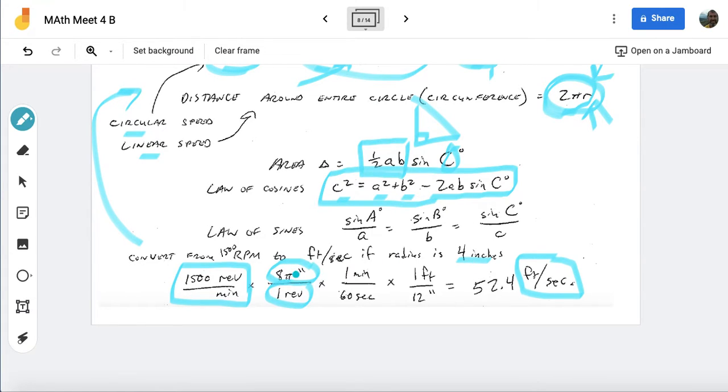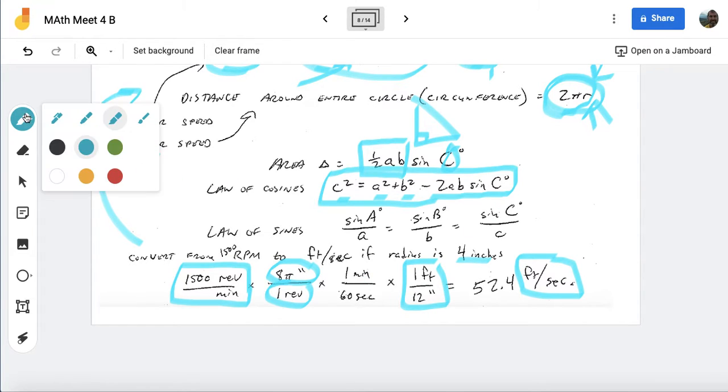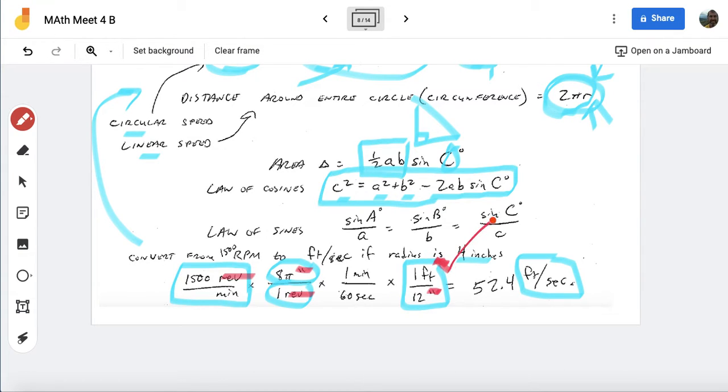So now I'm in inches, but I need to change to feet. So 1 foot, 12 inches. You want to have stuff that cancels out. What do I mean by that? Here's 1500 revolutions, so I had to put revolutions in the denominator. And I converted into inches, but I have to get rid of inches, so I put it in the denominator. Now up in the numerator I have feet. That's what I want. So feet's all set, but I've got to get seconds into the denominator.